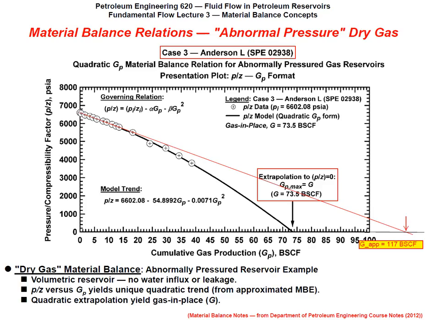Okay, so you come to me and I'm your banker and you tell me you're going to recover 120 BCF and I give you enough money to develop this field. And then you come back to me and you say, I can only account for 64% of the mass in this field. What am I going to do as your banker?